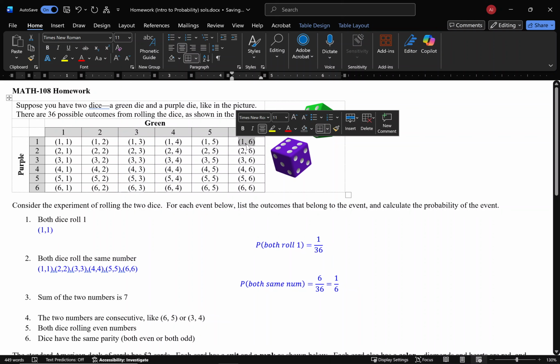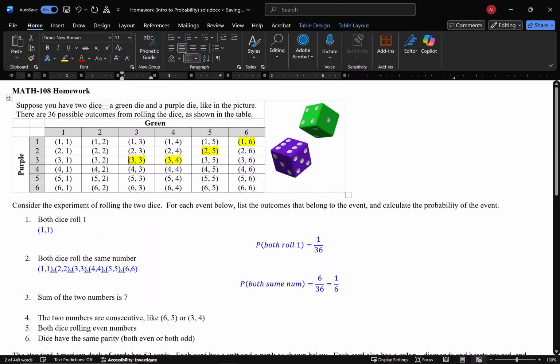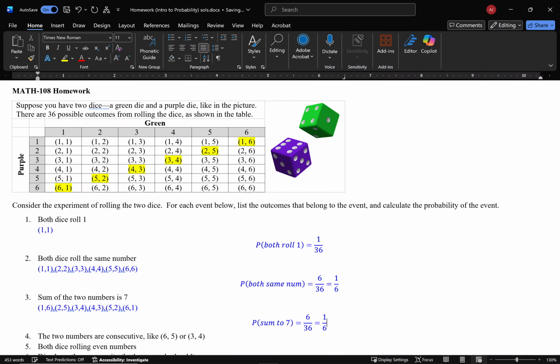If you look at the table, you can see that on the anti-diagonal, these are all of the entries that sum to 7. So there are 6 different ways to do this. Here I've listed the 6 outcomes that sum to 7, and the probability happens to be 6 out of 36, or 1/6 again.